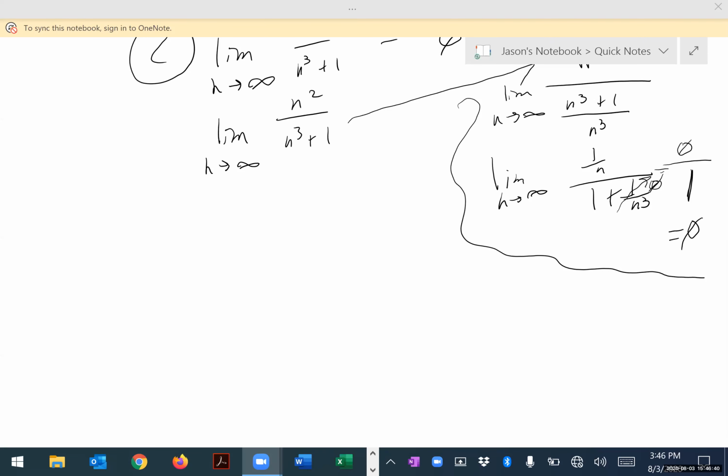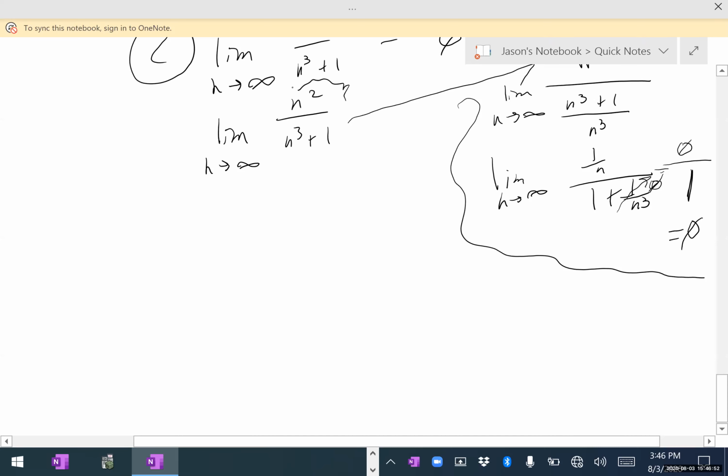Martin says, let's just do L'Hopital. Let's get rid of these extra terms. I mean, the thing that you were taught in pre-cal was that, where the heck did that go? Why does that keep disappearing? It's like disappearing ink.